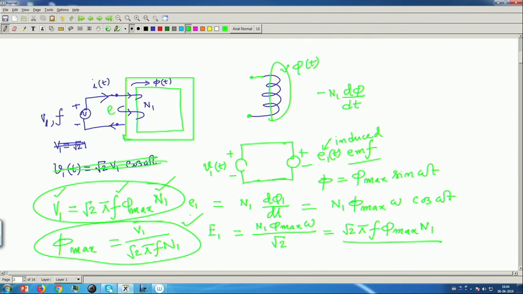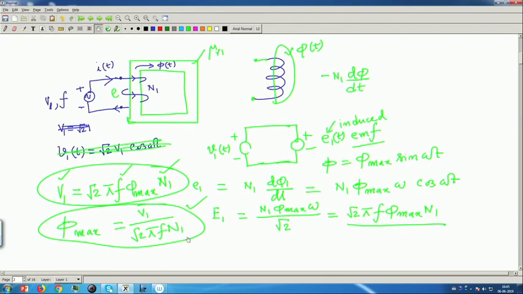In fact, I will go a step ahead. If this core material has a permeability of mu r1, and you replace it with another magnetic material having relative permeability mu r2, then also phi max is V1 by this one.